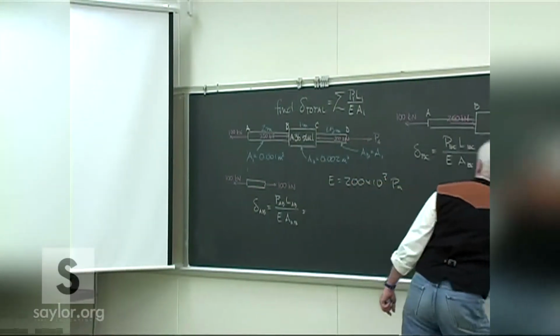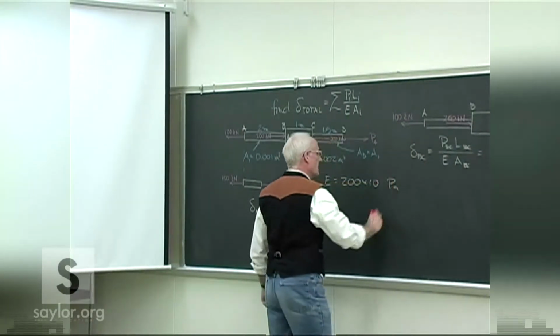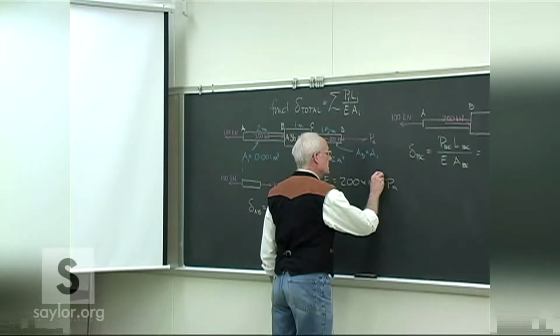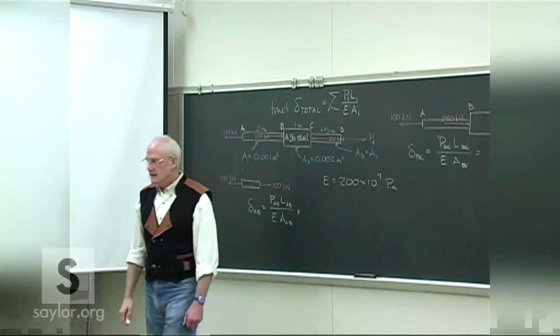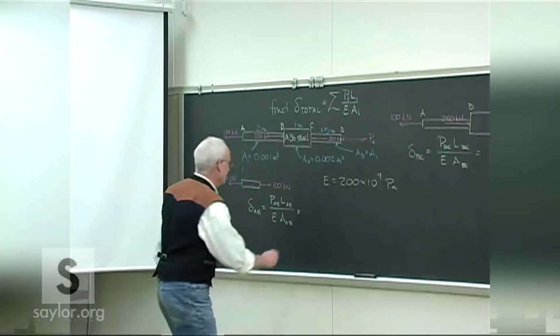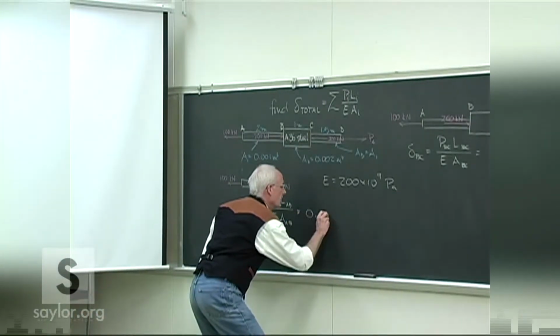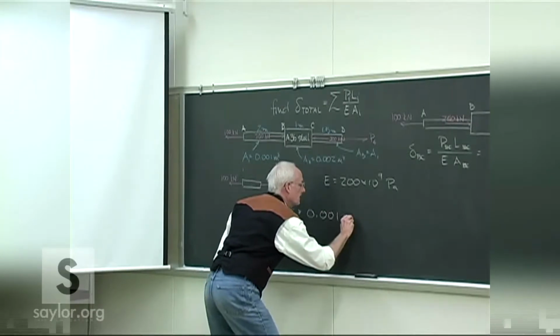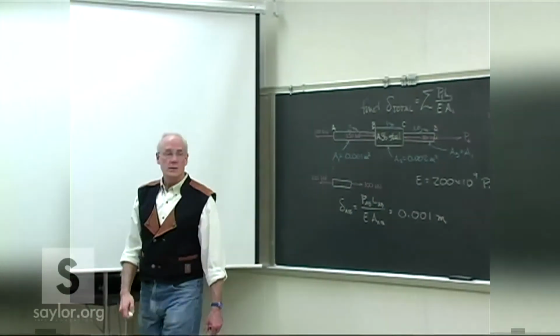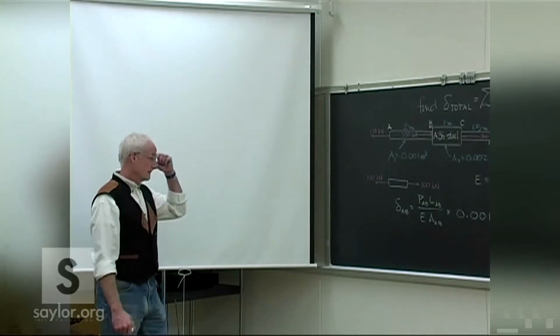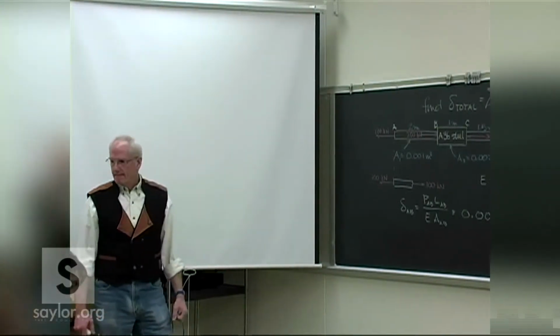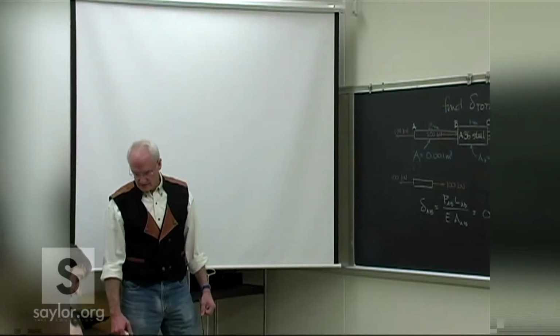It's 10 to the 9th. You just move the decimal place. You don't have to redo anything. Just move the decimal place. So that's why I got 0.01 meters instead of 0.1 meters. So a millimeter.